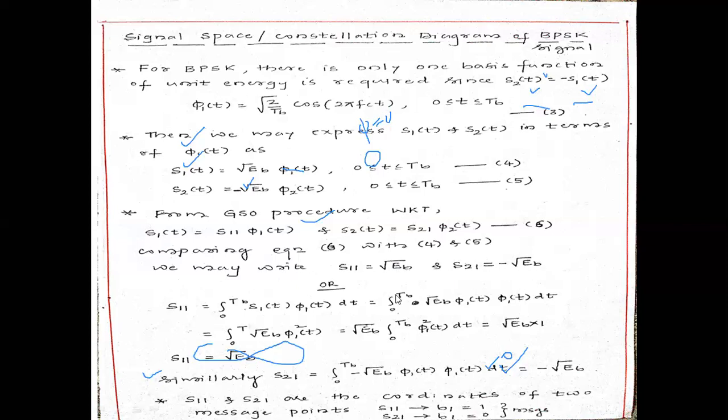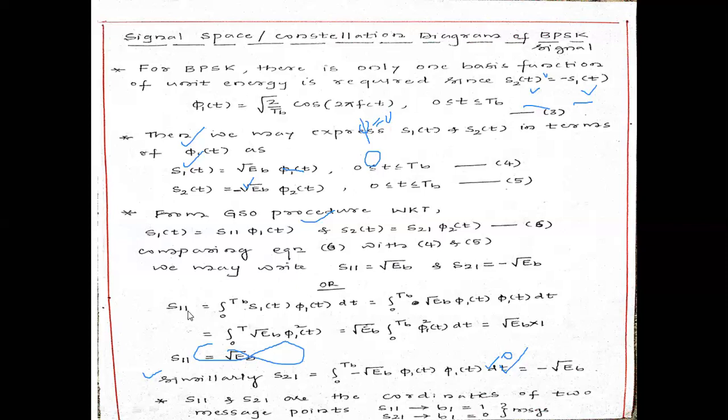There is another simple method to calculate these constant coefficient values, that is S11 and S21. As we know, for any coefficient Sij in the signal set Si of t, the coefficient Sij is equal to the integration from 0 to Tb of Si of t into phi j of t dt.